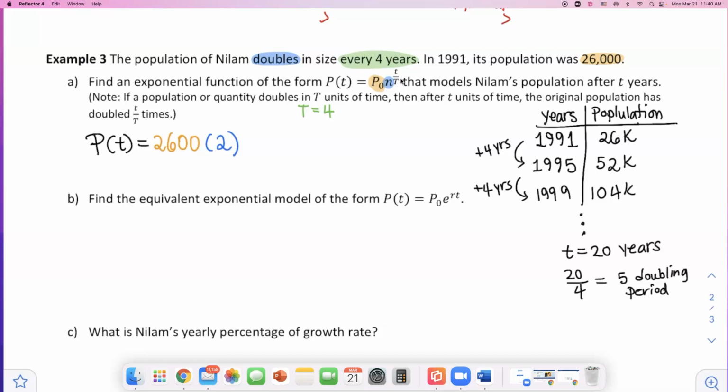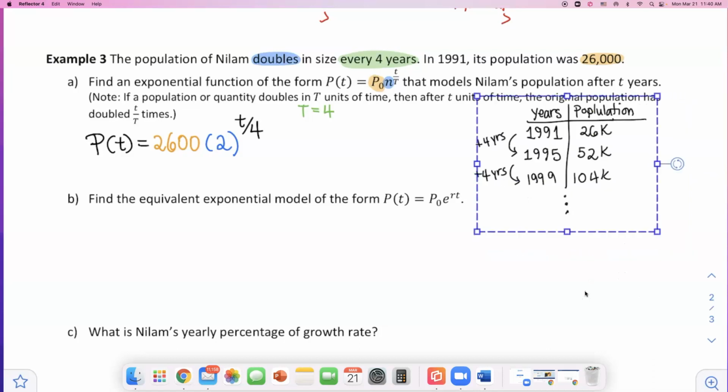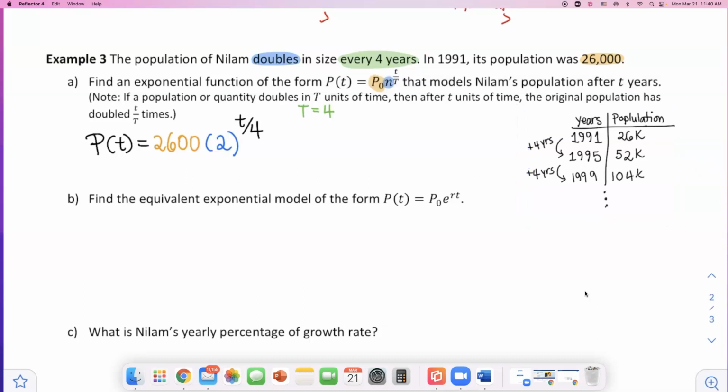The exponent is going to be the number of doubling periods. That's why they're doing the number of years we are interested in divided by 4, because 4 is the doubling period. So write down t over 4 as your exponent, and that is how you can write the equation for this.